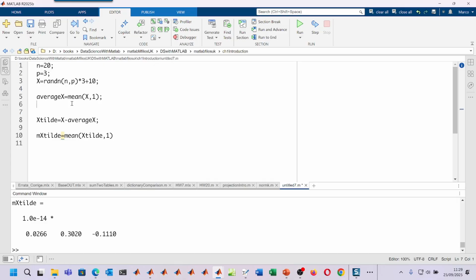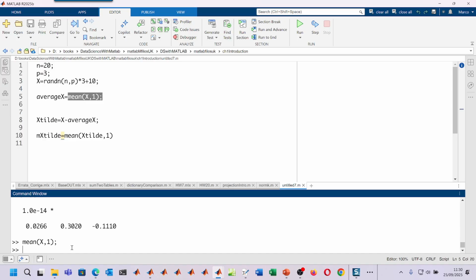Now let us see the standard deviation of x. Let me be more precise here. The mean of matrix X, I could have done in this way, without any number. If you don't do anything, the mean of the matrix means the mean of the columns of the matrix.